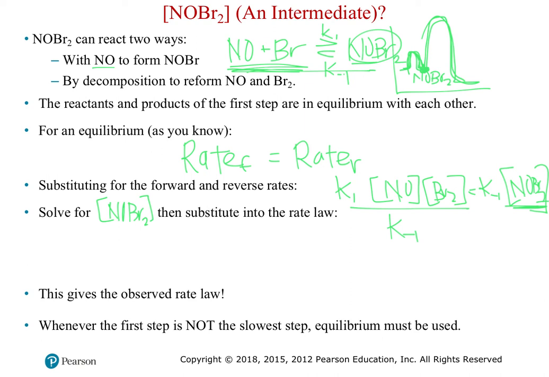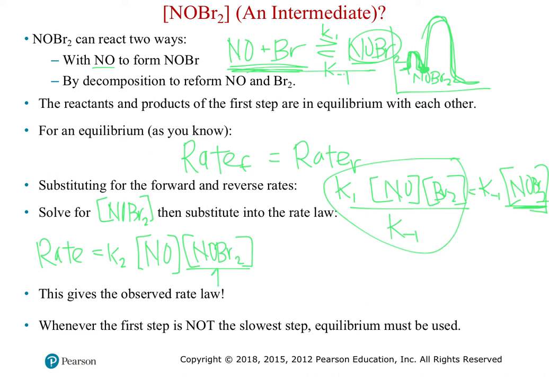Before, we had rate equals K2 times NO and NOBr2. So now we're going to plug all of this into our intermediate spot. We'll get K2 times K1 over K negative 1 times NO times Br2, multiplied by this original NO here.